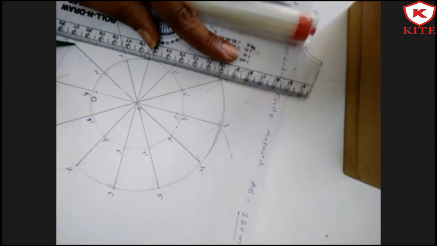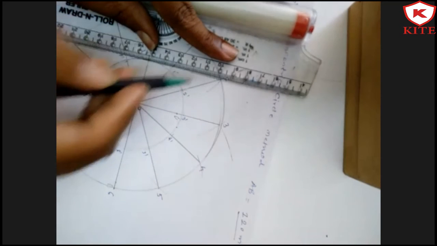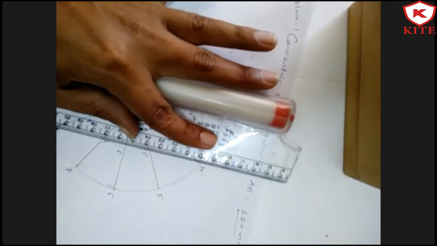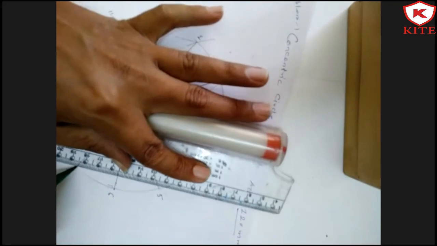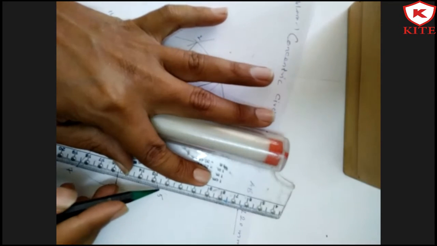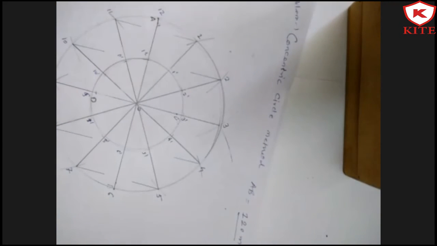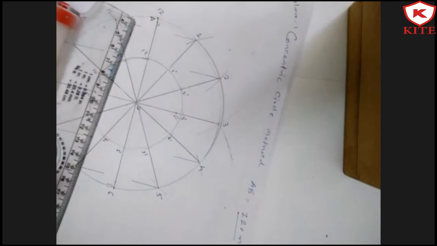Draw another vertical line from 2 and 10 of the outer circle, the same as for 8 and 4, the same as for 5 and 7. Now draw the horizontal line from point 1 dash to 12 dash, which intersects the line passing through 1.